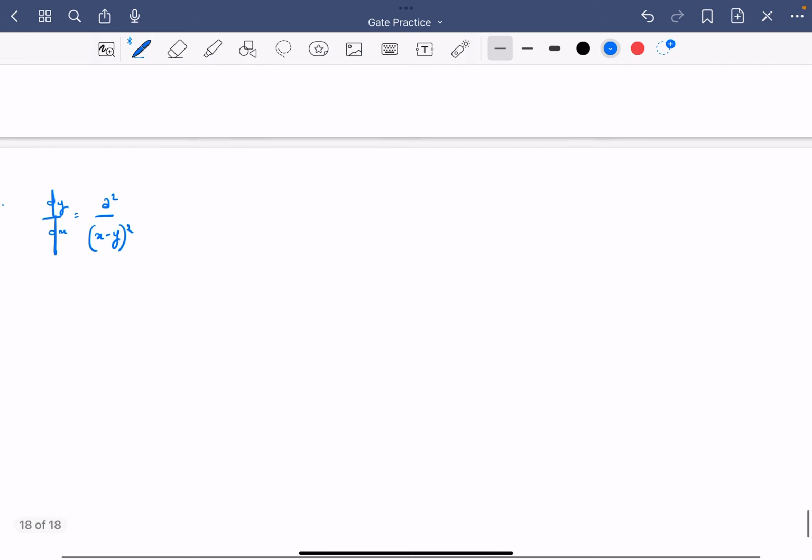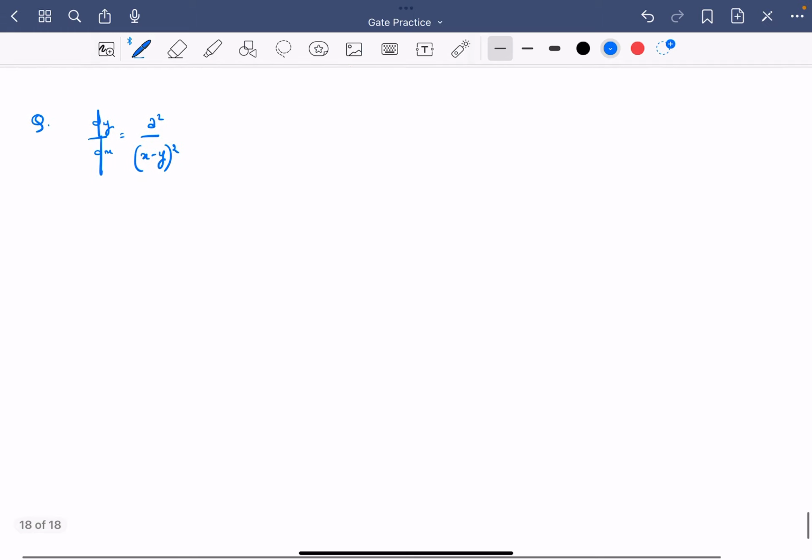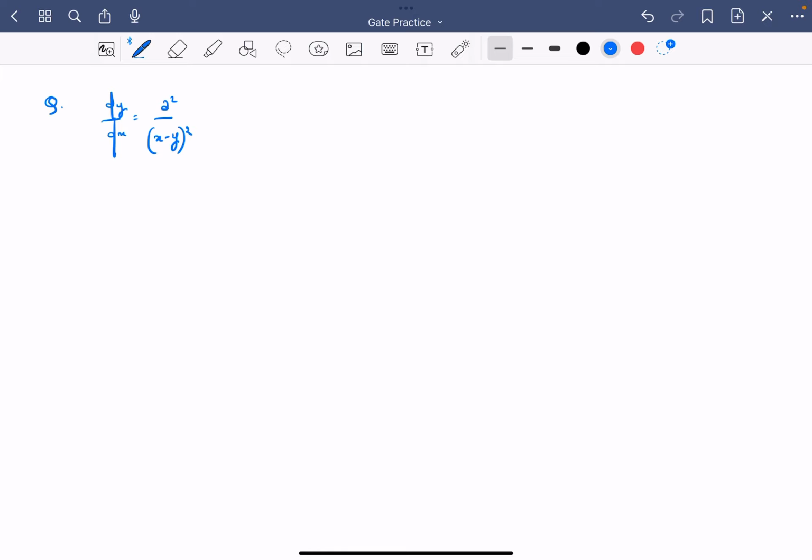Okay, let's solve another problem. dy by dx is equal to a square by (x minus y) square. Okay, fine. How to solve this? Put x minus y equal to z. Now, same thing, dz by dx is equal to 1 minus dy by dx.